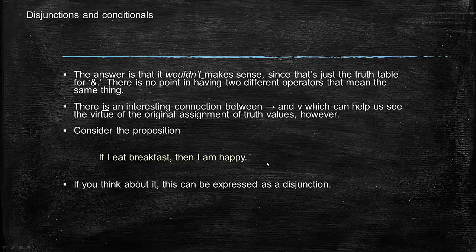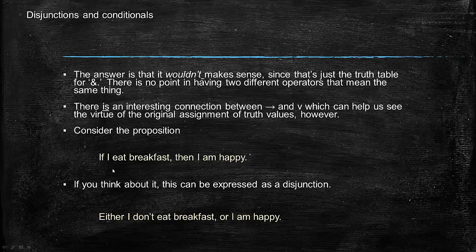Well, think about this in terms of disjunction. And what you'll realize is that "if I eat breakfast, then I am happy" means the same thing as "either I don't eat breakfast or I am happy." Now that might not be totally obvious to you immediately, but just think through it with me for a second.